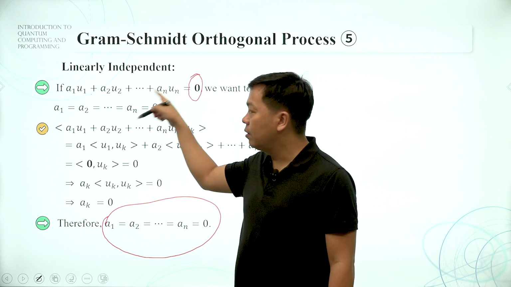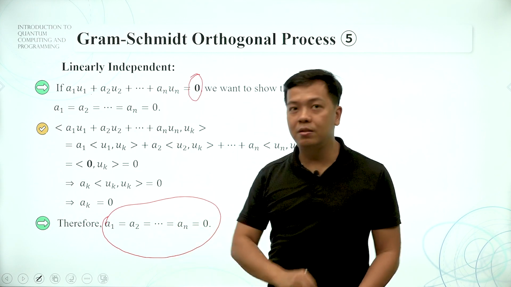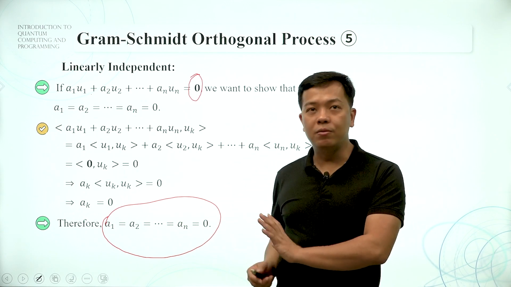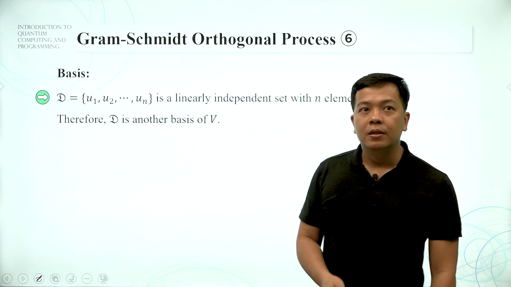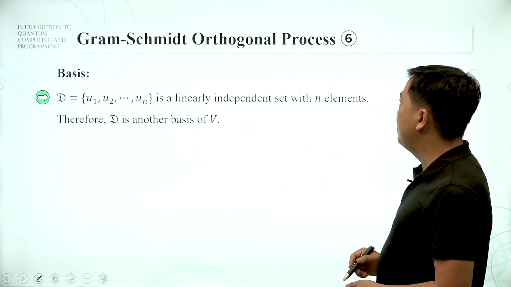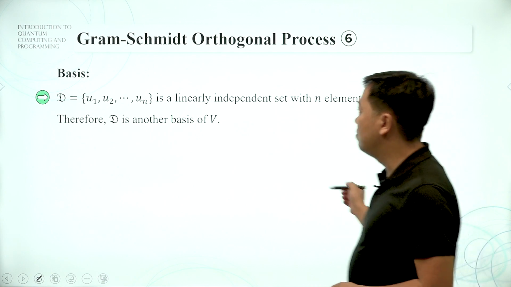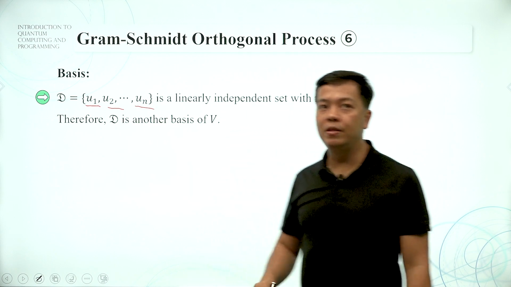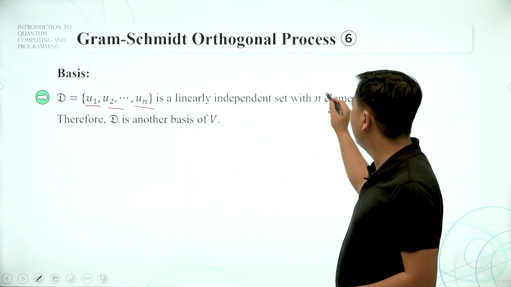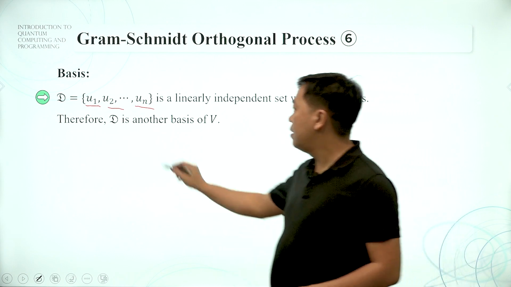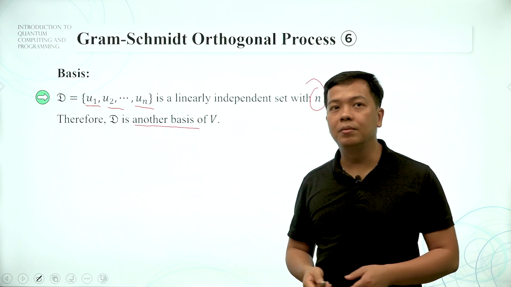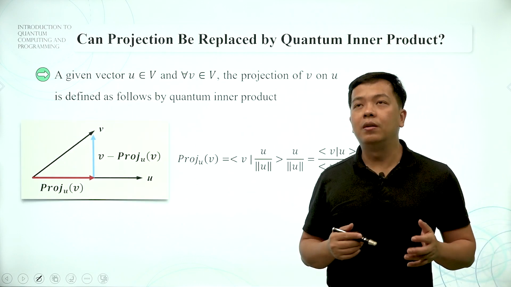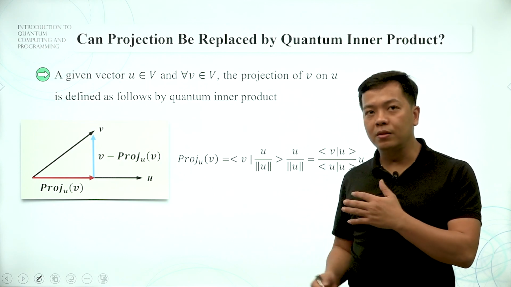If we want to make sure this is 0, the x of each element needs to equal 0, because 0 multiplied by any value equals 0, right? So the Gram-Schmidt orthogonalization process makes sure that after we transform, we have a linearly independent set. This is the basis of the vector space v, which we can transform from non-orthogonal to orthogonal.